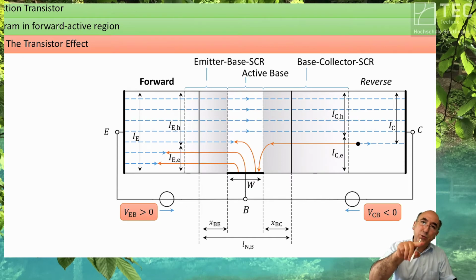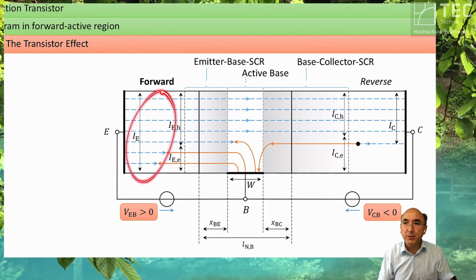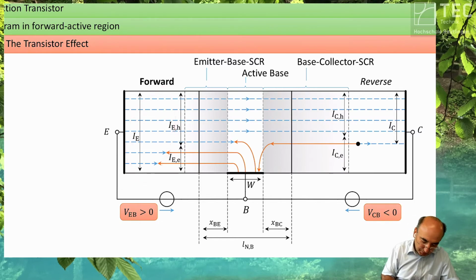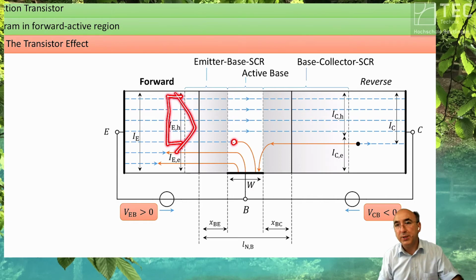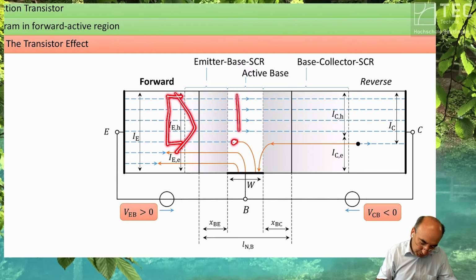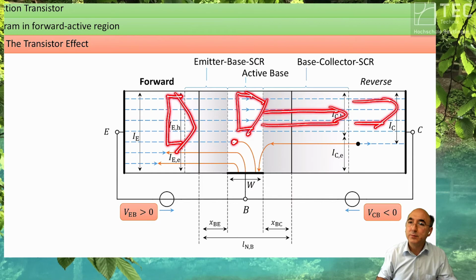Therefore, the base is doped lower than the emitter, which is doped with the opposite type. Okay, now you have a smaller arrow, and from this portion, you have a certain percentage of recombination, almost no one. So most of the current goes through the base, through the space charge region, to the collector contact.